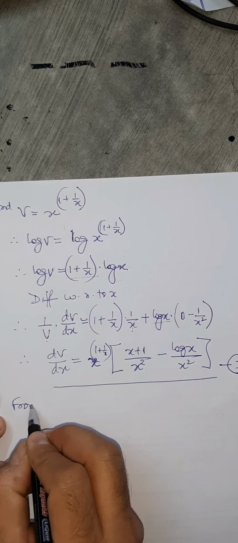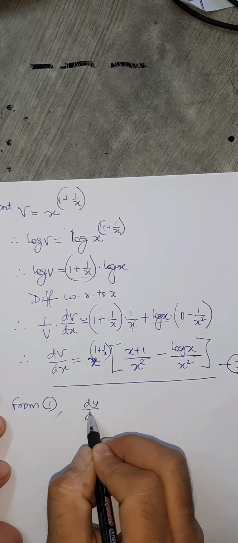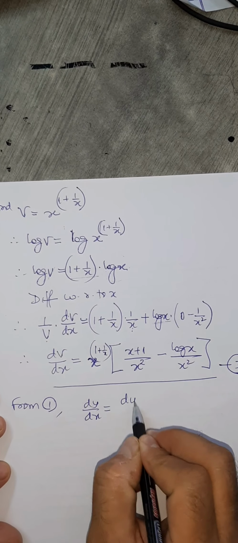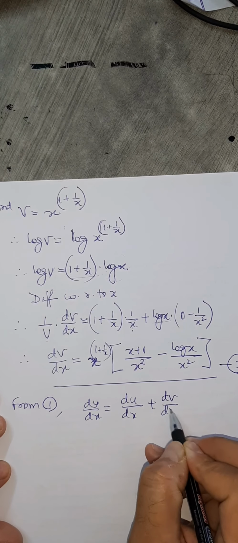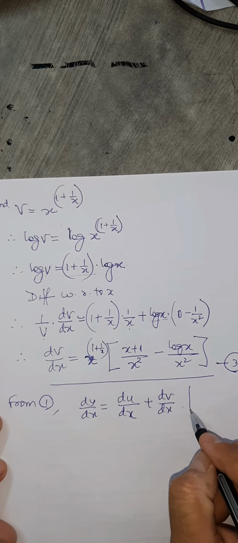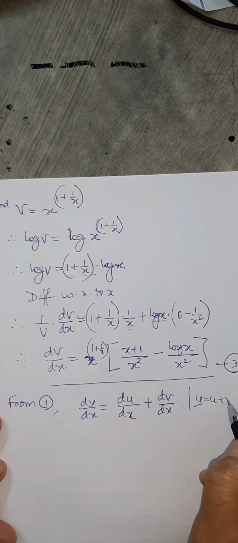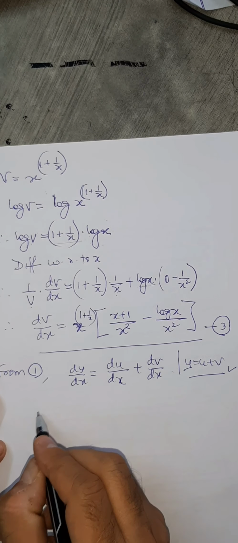Now from 1, dy by dx equals du by dx plus dv by dx, differentiating with respect to x from 1. What was 1? y equals u plus v. Okay, and now placing the value.